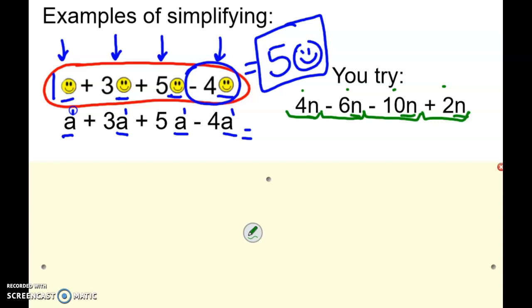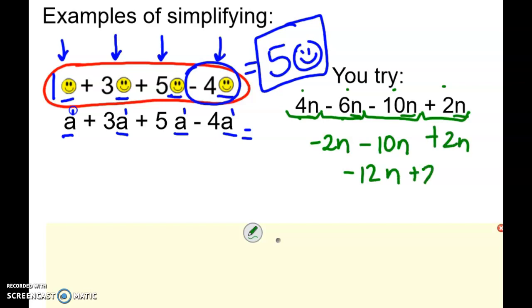So I can just work left to right. 4n minus 6n would give me negative 2n, minus 10 more n. If I keep going, that would give me negative 12n. And then plus 2n. Well, negative 12 plus 2 is negative 10n. So combining these like terms, since they're all like terms, I can work it down just to negative 10n.